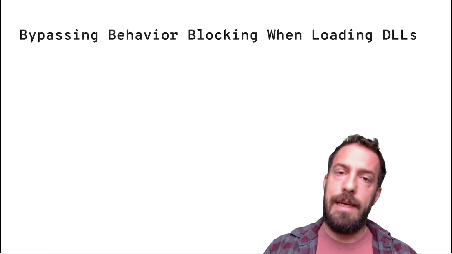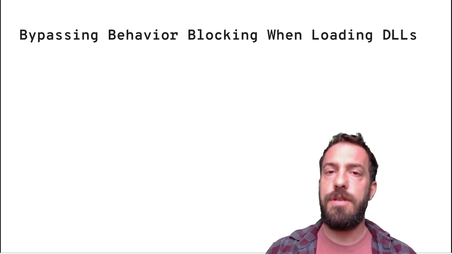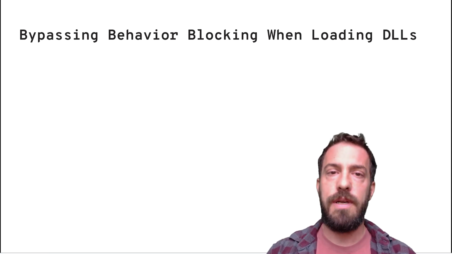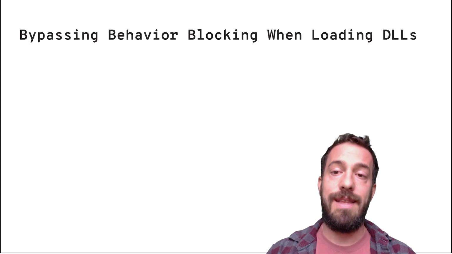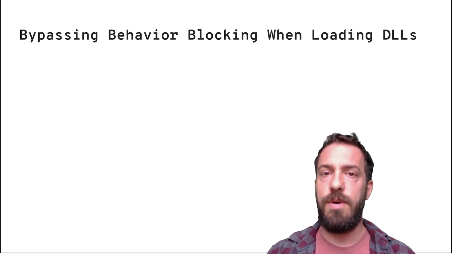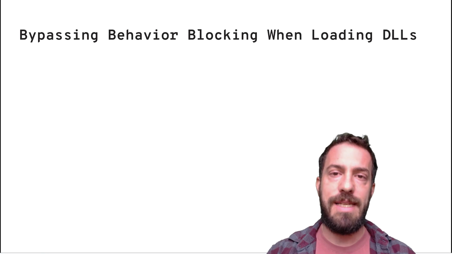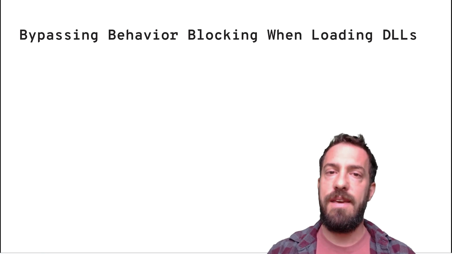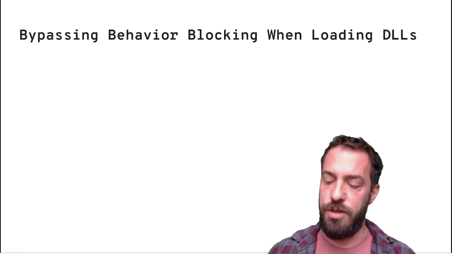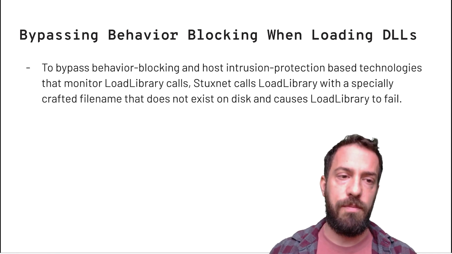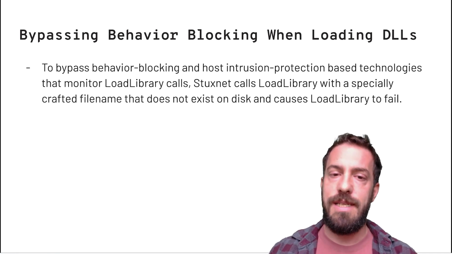When you load DLLs, the antivirus you may have installed on your computer can detect that something may be going wrong with that DLL loading. There are ways that behavior can be checked, and given weird behavior on behalf of the DLL, the antivirus may block the execution, eventually stopping the malware from propagating. So Stuxnet was anticipating that.